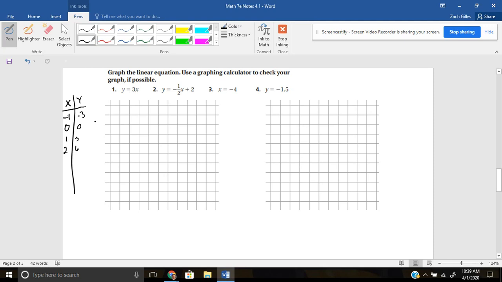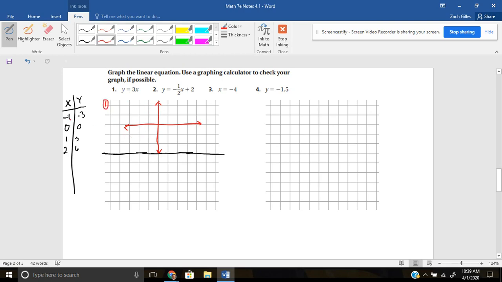I'm going to split this in half here. And then I'm going to make this my y, and this is going to be my x for number 1.